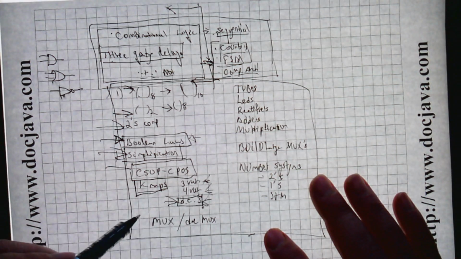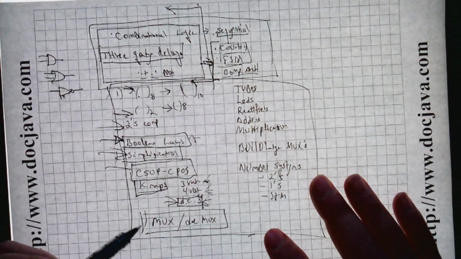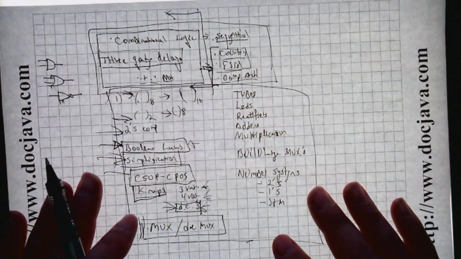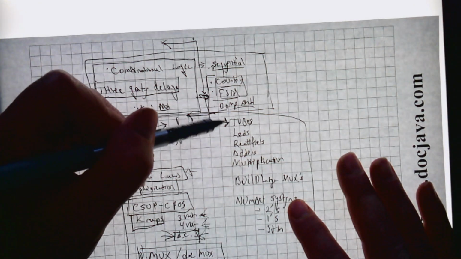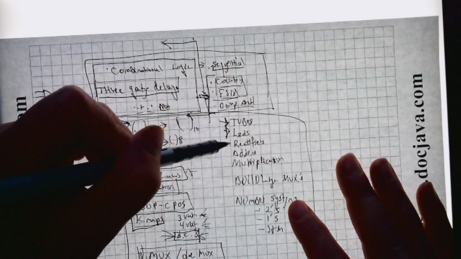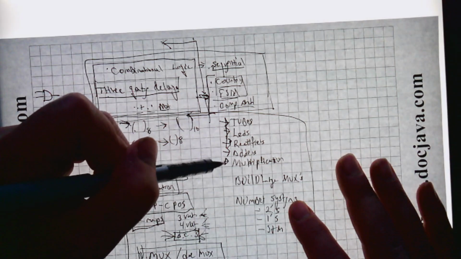You'll see that. There's multiplexers and demultiplexers, also known as encoders and decoders. It's the same thing. We'll have some questions about vacuum tubes, light-emitting diodes, rectifiers, adders, multipliers, subtractors.